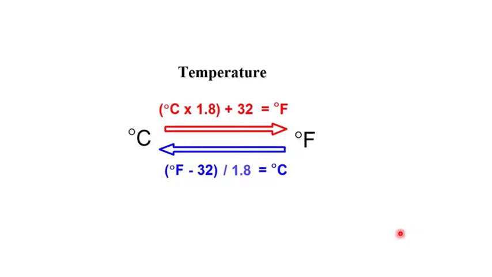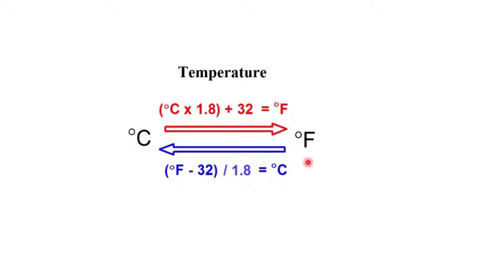You'll also be doing some conversions in temperature. Looking at the initial temperatures in Celsius, you can convert into Fahrenheit by taking the Celsius value, multiplying by 1.8, and then adding on 32 to give the Fahrenheit equivalent.